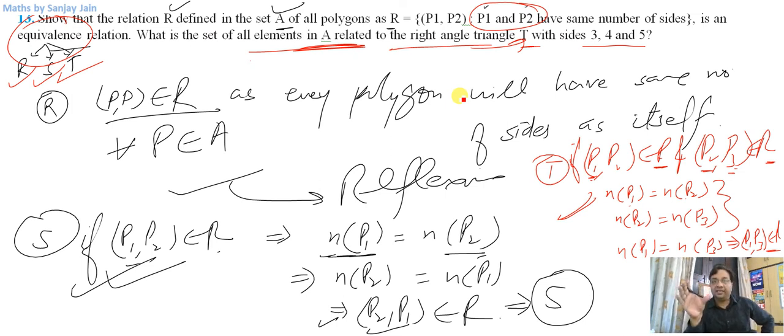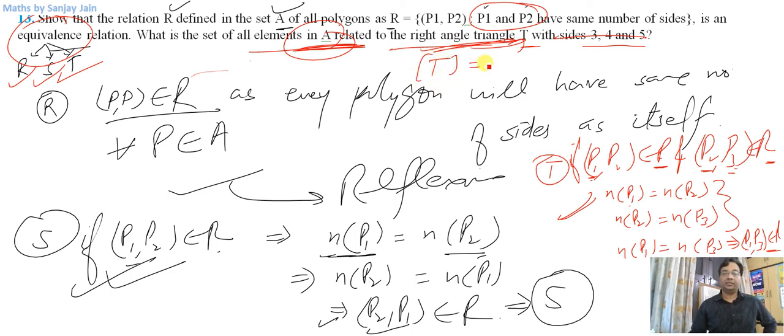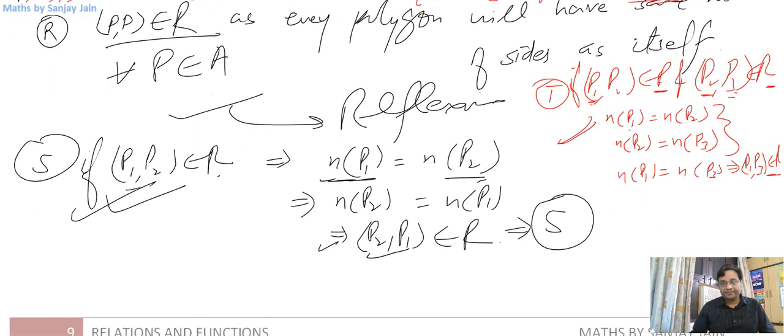It is a triangle. So it will be related to all the other triangles, right, in this set A. So what is the set of all elements in A related with right angle triangle T? It will be the set of all triangles in A. I hope you got this question.